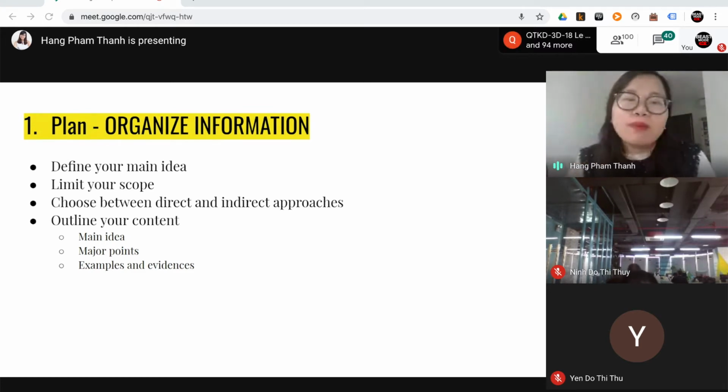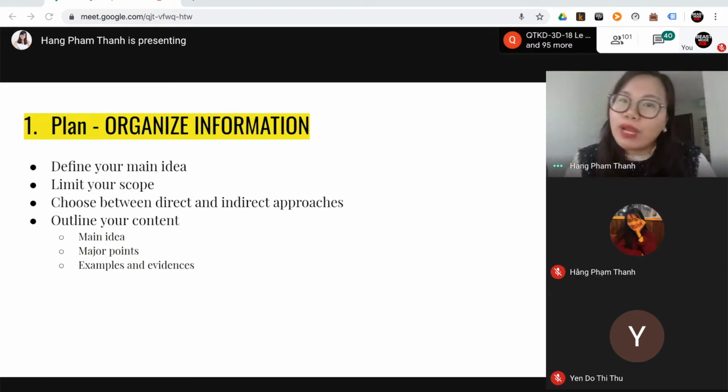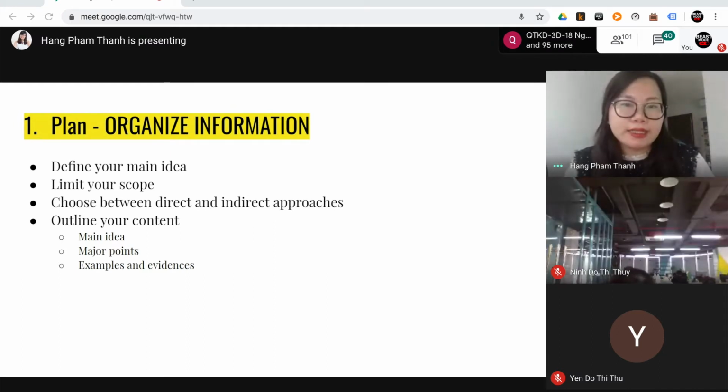Okay, so now coming back to the approach, direct and indirect approach. Does the name tell you the way we will use each approach? If we use the direct approach, what will happen? And if we use the indirect approach, what will be different?